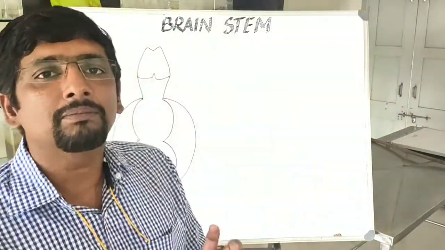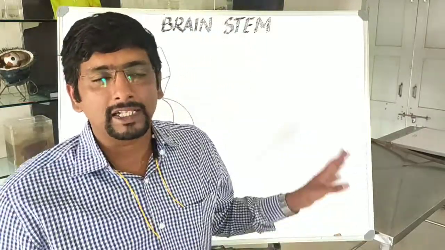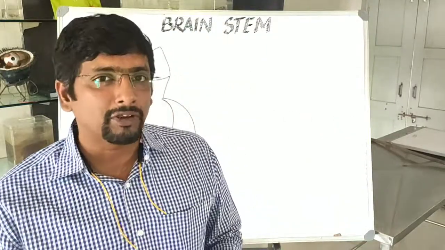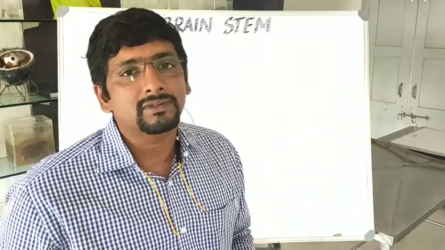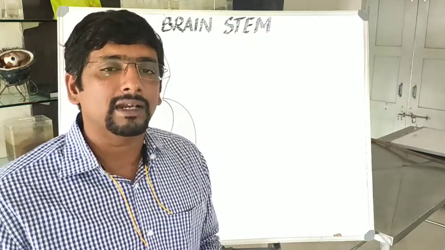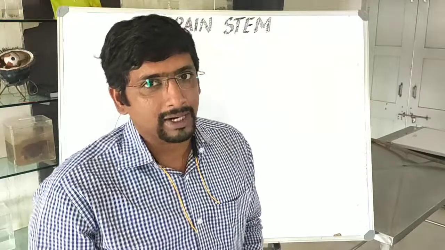We'll understand some parts of the brainstem first. I'm not going into detail about all the parts; I'm speaking only about the parts required to explain the brainstem in brief. In future classes, we are going to study the detailed parts of all the individual parts of the brainstem.